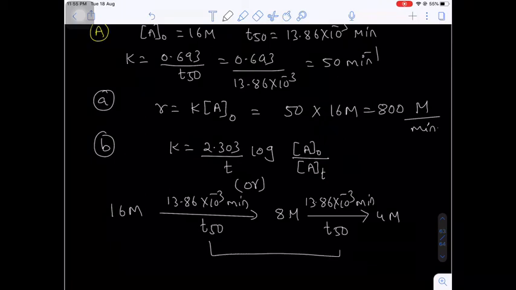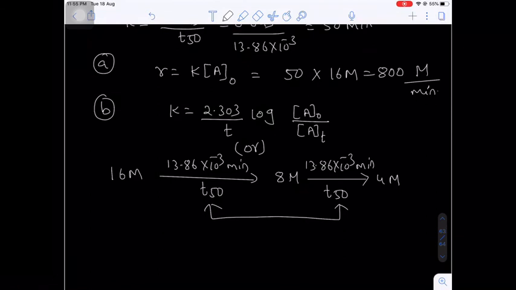That means 2 half-lives in total. So total time interval will be 13.86 into 10 raised to minus 3 plus 13.86 into 10 raised to minus 3, that is 27.72 into 10 raised to minus 3 minutes.